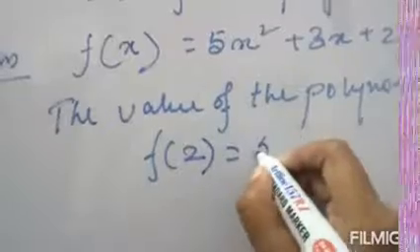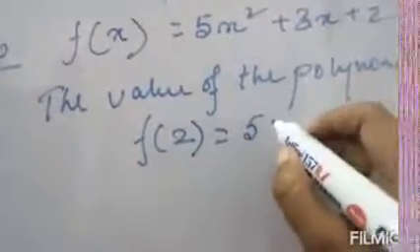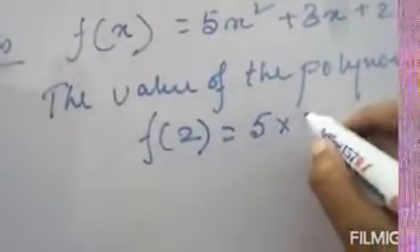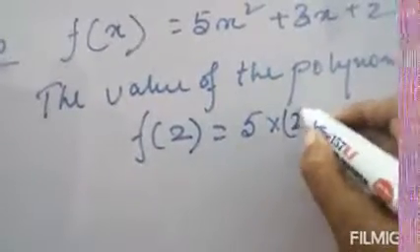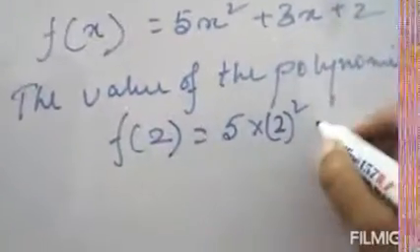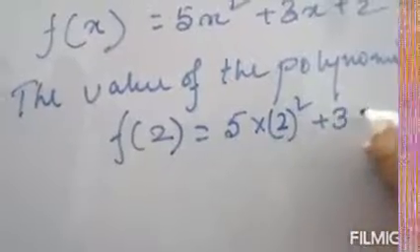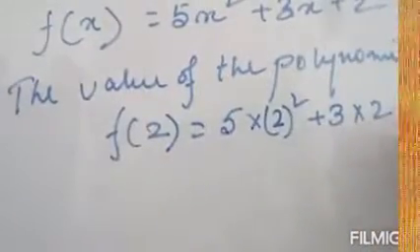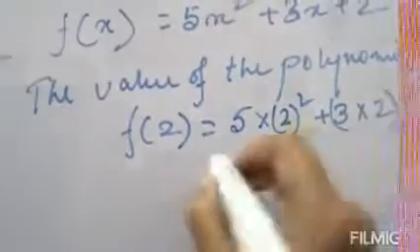So 5x square means 5 into 2 square, plus 3 into 2, plus 2.